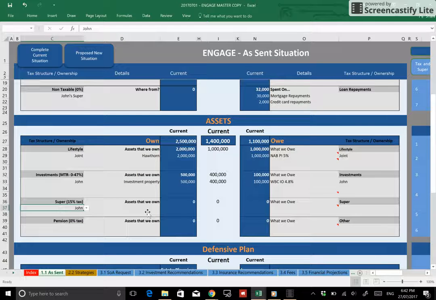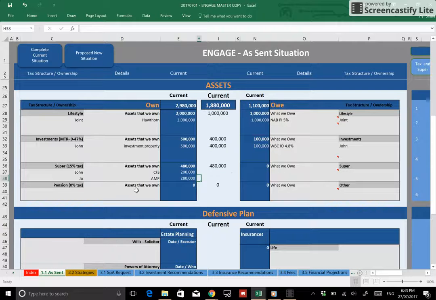So John has a super fund with Colonial First State, and that's worth $200,000. And Jo has one with AMP worth $28,000.